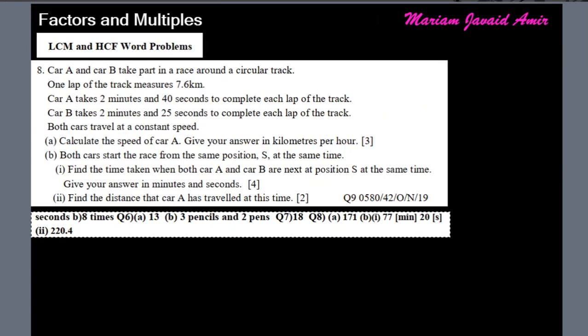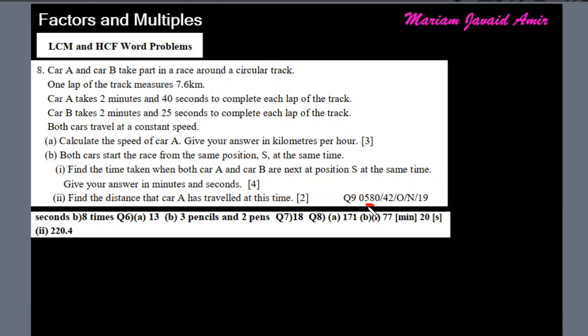Okay, question number 8, the final question of the worksheet, thankfully. And this is a question from IGCSE past papers, and that means it's an important question. Another thing, it contains questions from different topics, so you should be able to do this question if you're done with your grade 8, or grade 9 in some of the schools, which means you should be done with the first year of IGCSE.